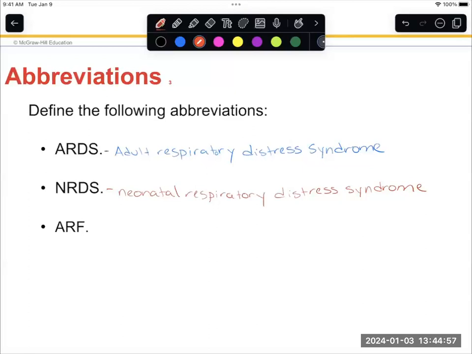Surfactant doesn't come until very late in development. There is a shot that can be given to a newborn that is like an artificial surfactant that can help to open up and keep those alveoli open once that newborn takes its first breath. But in premature babies, a lot of times they're lacking that surfactant, so it can cause this neonatal respiratory distress syndrome.